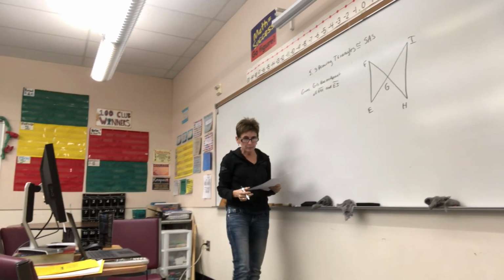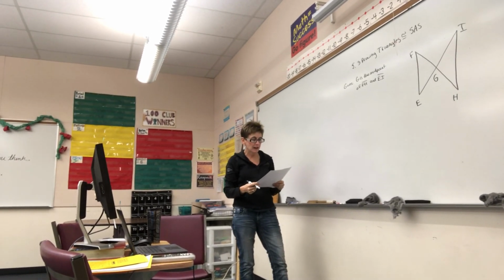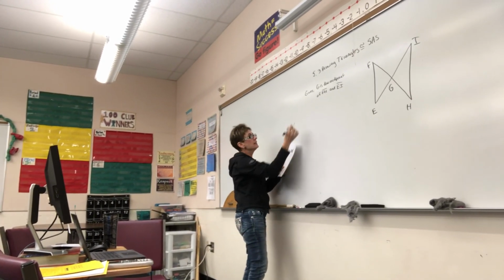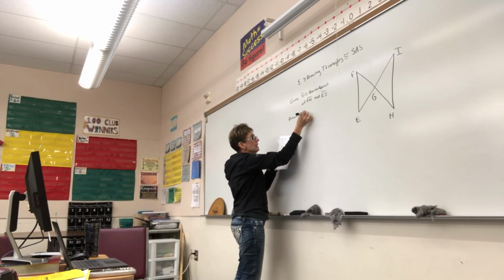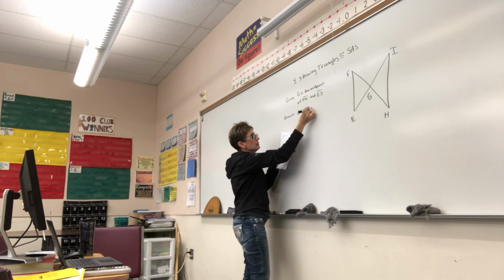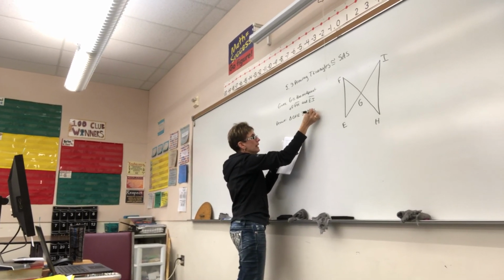So G is the midpoint of FH and EI. And then it says prove that triangle GFE is congruent to triangle GHI.